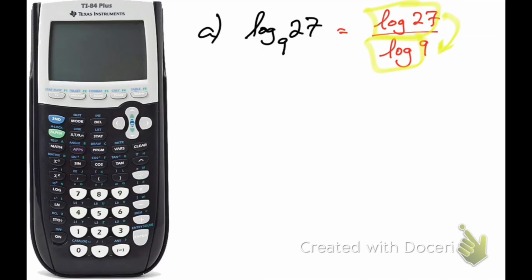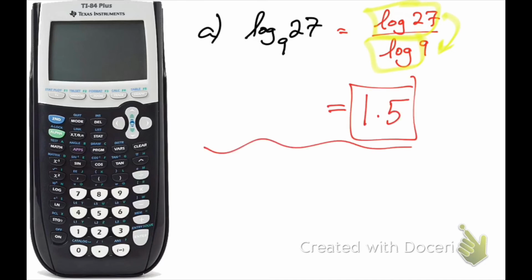So this will give me, let's see, log 27 divided by log of 9. It will give you 1.5. Now one thing you have to be really careful of when you enter this into your calculator, it'll look like this.